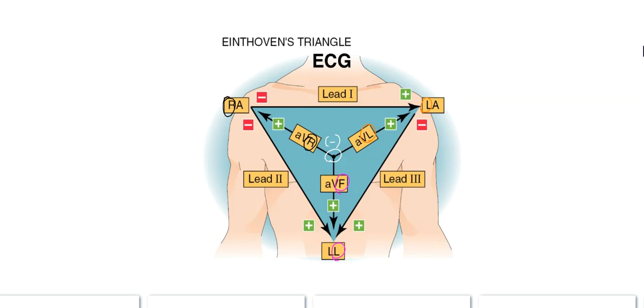So if you look at your QRS on aVR, you can see a negative deflection for that shape. The main reason is because it's actually traveling in the opposite direction of where aVR is measuring.